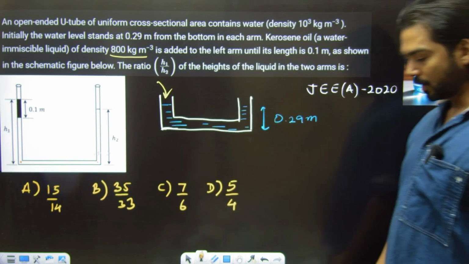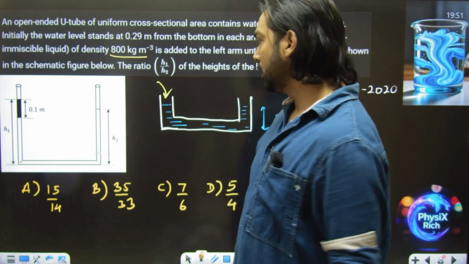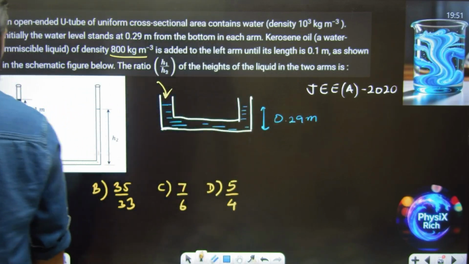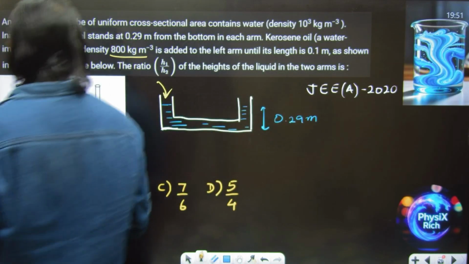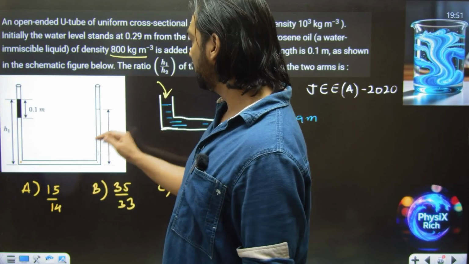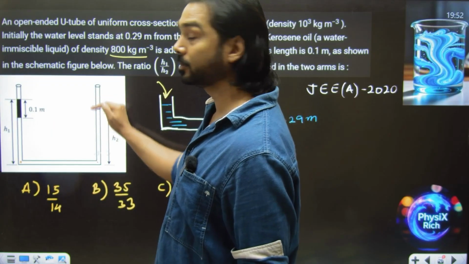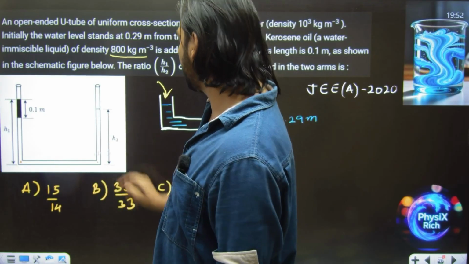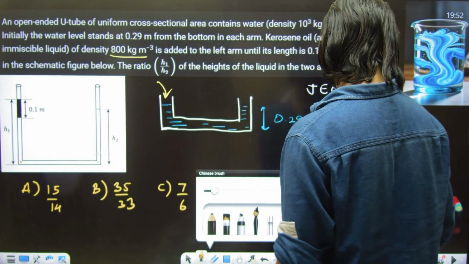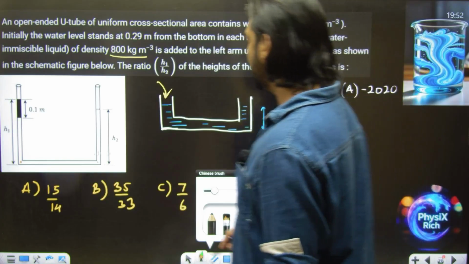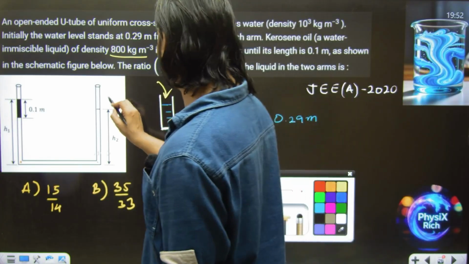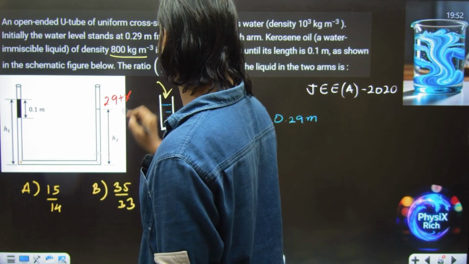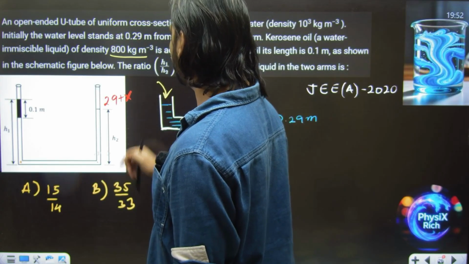Again, very simple. You can just see that by pouring kerosene, the liquid will lift up by a certain amount. This height, which was initially 29, should become 29 plus x.